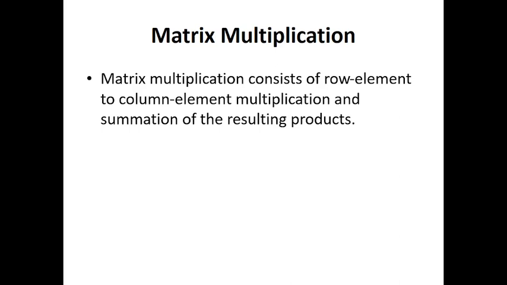So matrix multiplication consists of row element to column element multiplication and summation of the resulting products. Multiplication of the two matrices A and B is defined only when the number of columns of matrix A is the same as the number of rows of matrix B. Okay, so I'll illustrate the process later.